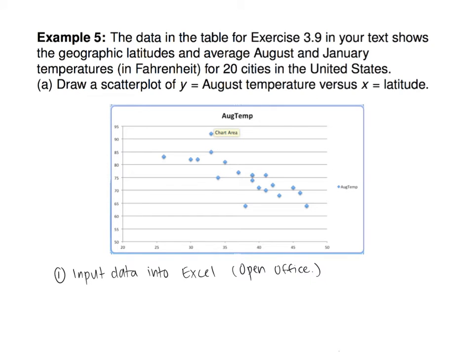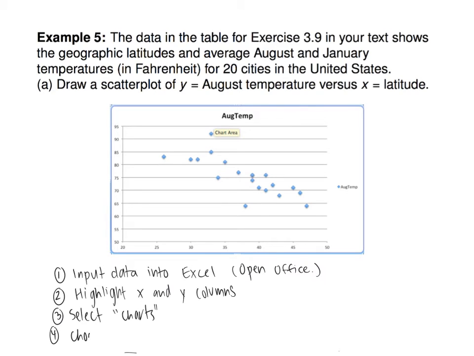So first, input the data into Excel. The second thing you do is highlight the X and Y columns. You select Charts, and then you choose Scatter.